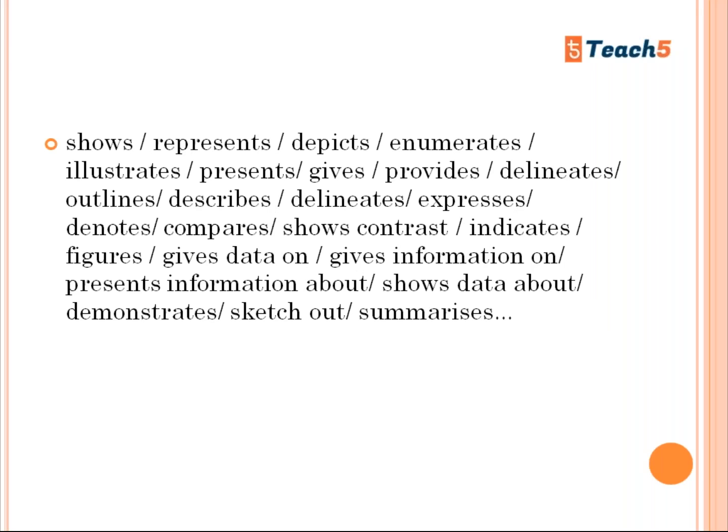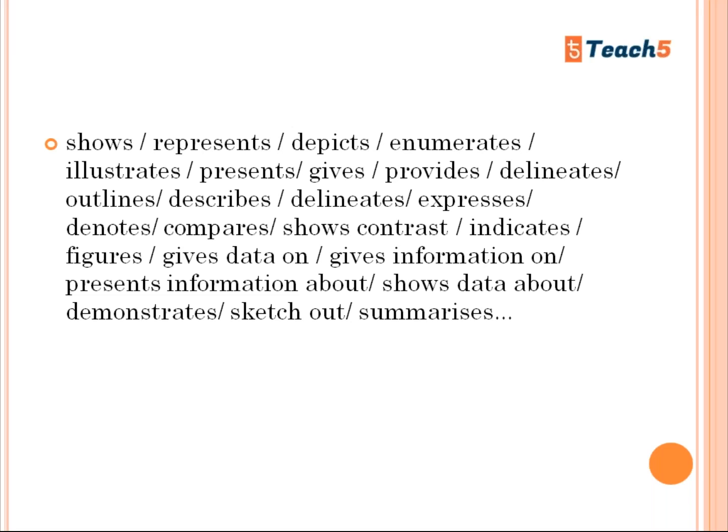Next are verbs like shows. The graph represents, depicts, enumerates, illustrates, presents, gives, provides, delineates, outlines, describes, expresses, denotes, compares, shows contrast, indicates, gives data on, gives information on, presents information about, shows data about, demonstrates, sketches out, summarizes.